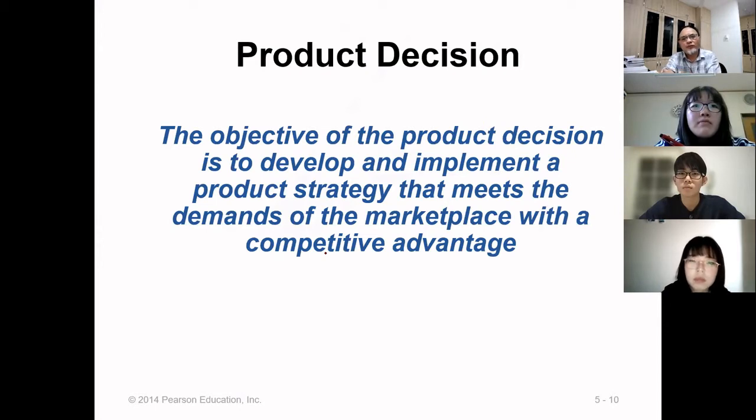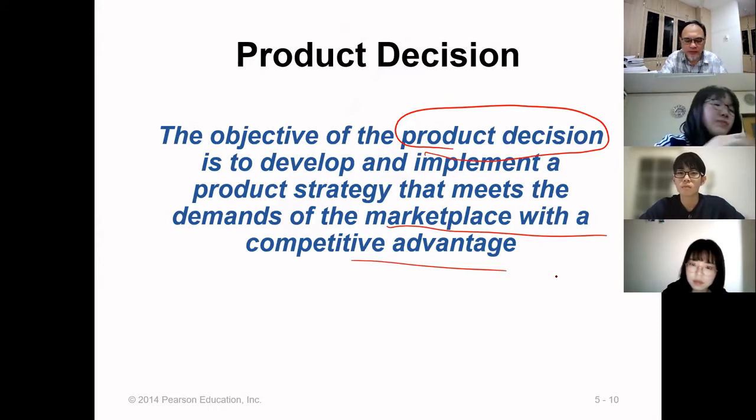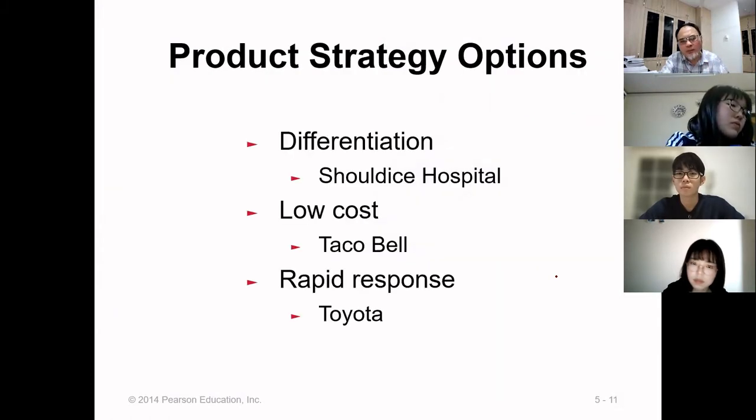The objective of product design involves a product decision to meet our operations strategy. The objective of product decision is to develop and implement a product strategy that meets the demand of the marketplace with a competitive advantage, meaning that we will be able to produce it at high volume, meet our revenue, and then we can survive.